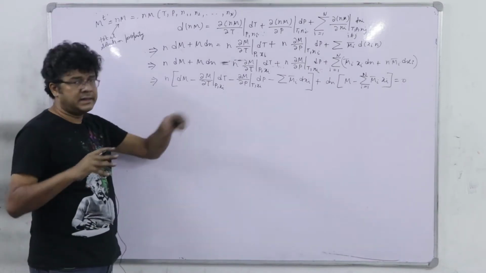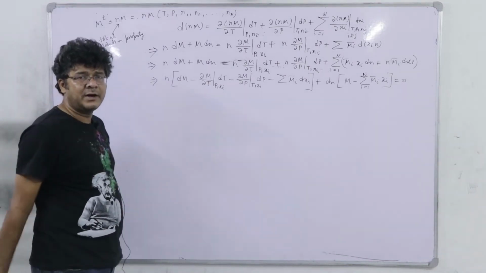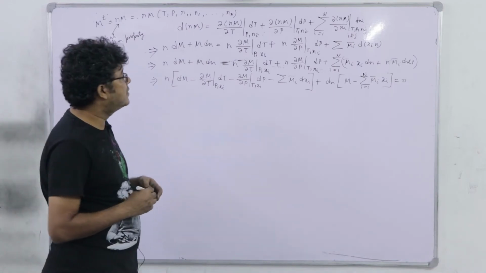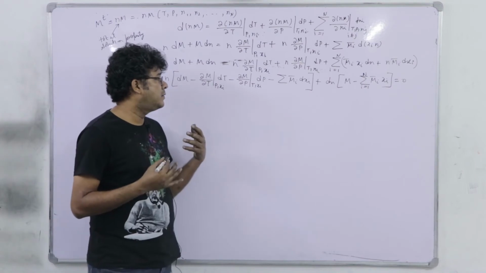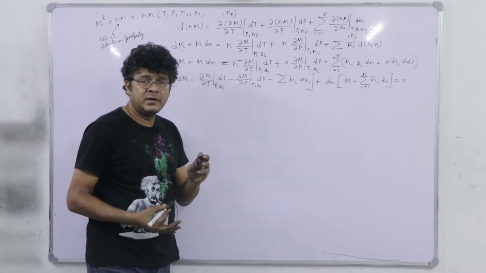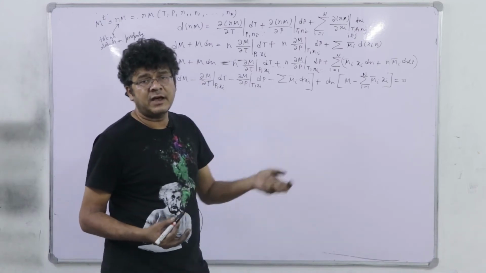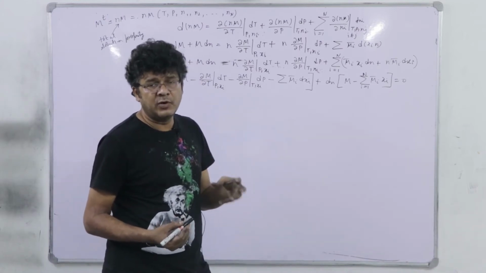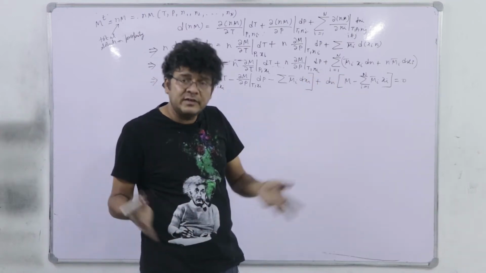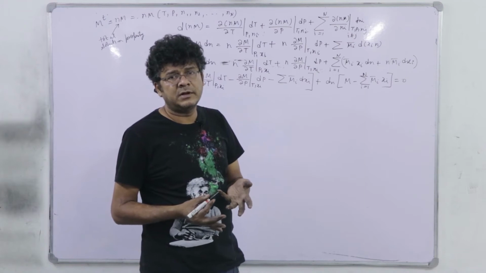Now, you see apparently n and dn depend on each other from mathematical sense, but physically they do not. Why? Because the amount of increment or abstraction from a solution, in terms of the number of moles, that is dn, is independent of what is the total amount of the solution, right?